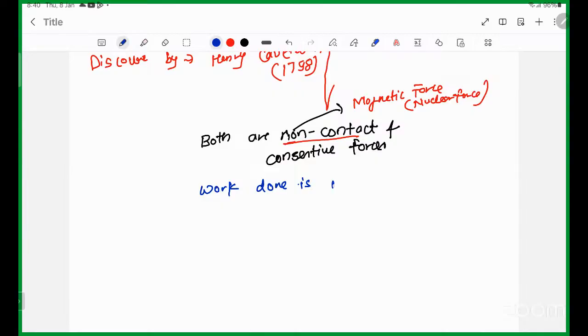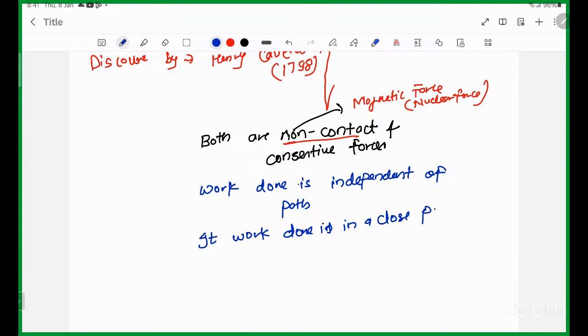Work done is independent of path, and if the work done is in a closed path, then it is zero.